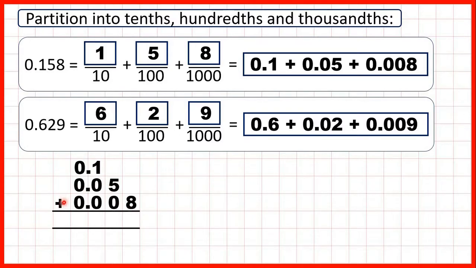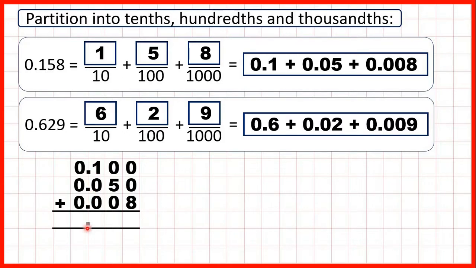Now, when we're adding decimals, we can write zeros in empty squares, because 0.100 is the same as 0.1. All these zeros tell us is that we don't have any extra hundredths or thousandths, and we can write a 0 in this empty square as well.